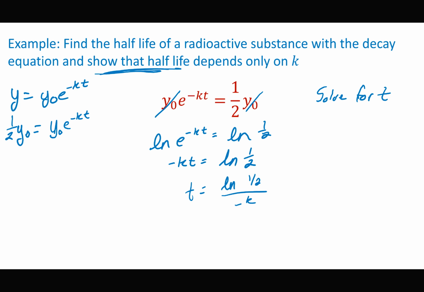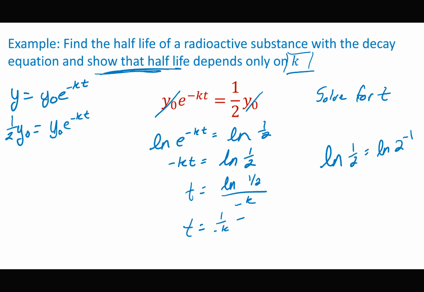Let's not worry, since it depends only on k, let's only work with a positive k. So t would be equal to 1 over negative k times natural log of 1/2, which is the same thing as natural log of 2 to the negative first.